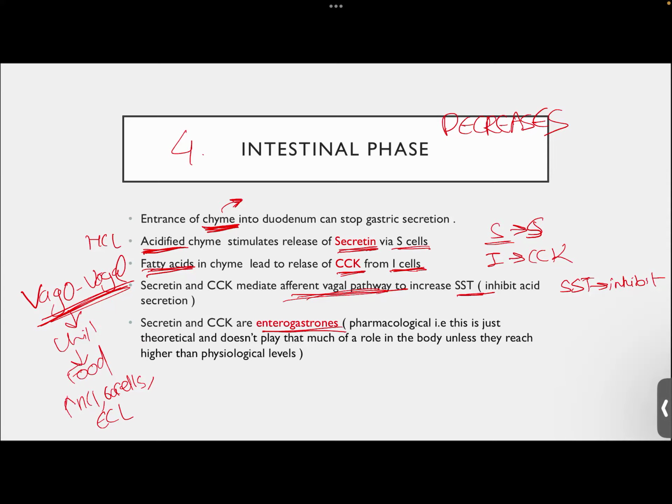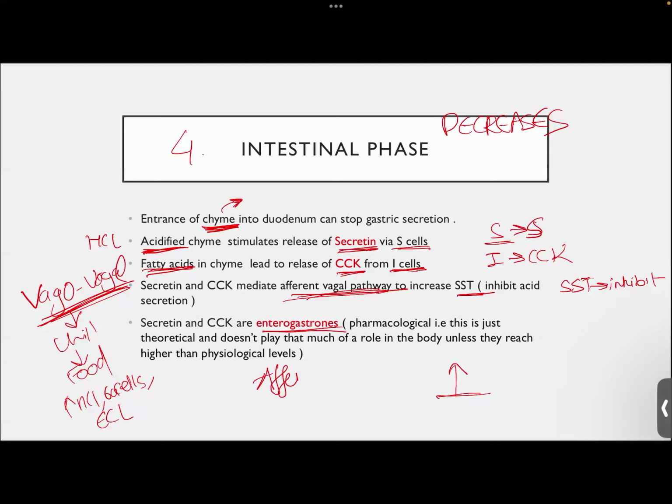Like we're studying about this, but in actual real life, when the body is digesting food, it doesn't actually play that big of a role unless they're higher physiologically than they should be. If these are normal, then they're not going to make that much of a difference. But if they're elevated for some reason, then they're going to make a difference. So secretin and CCK lead to activation of the efferent vagal pathway, which leads to an increase in somatostatin.